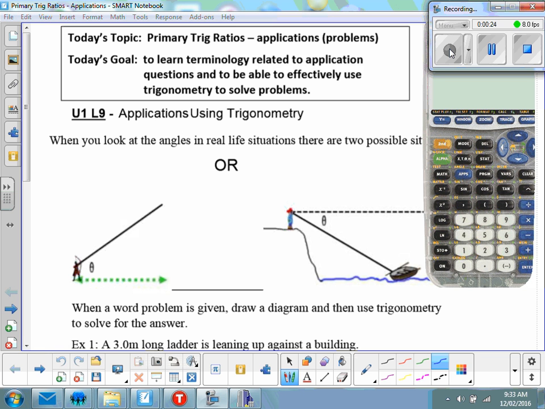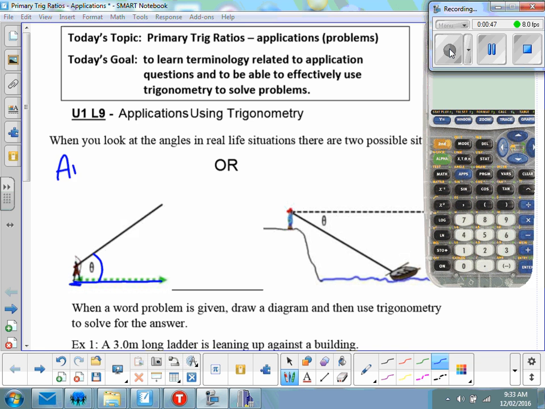solve problems. So when you look at the angles in real-life situations, there's two possible situations. So this situation on the left, where we've got this archer who is firing his arrow into the air, it creates an angle here with the ground.